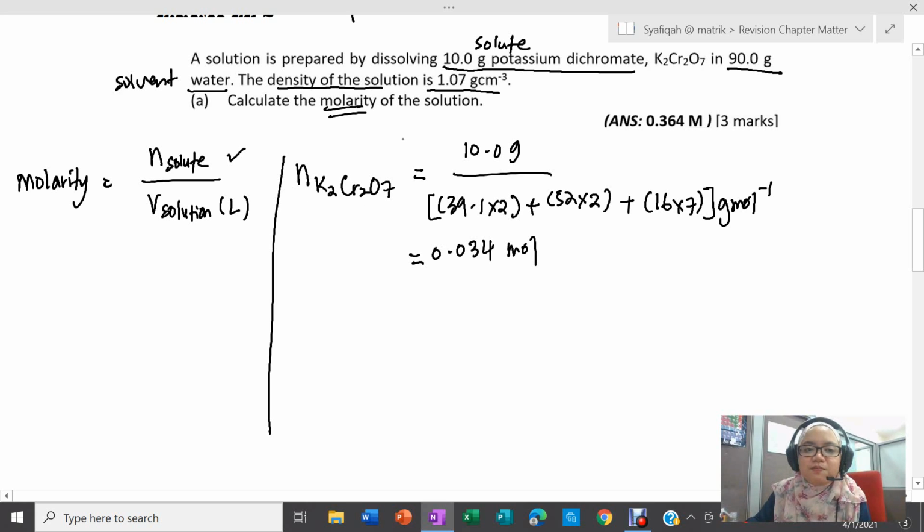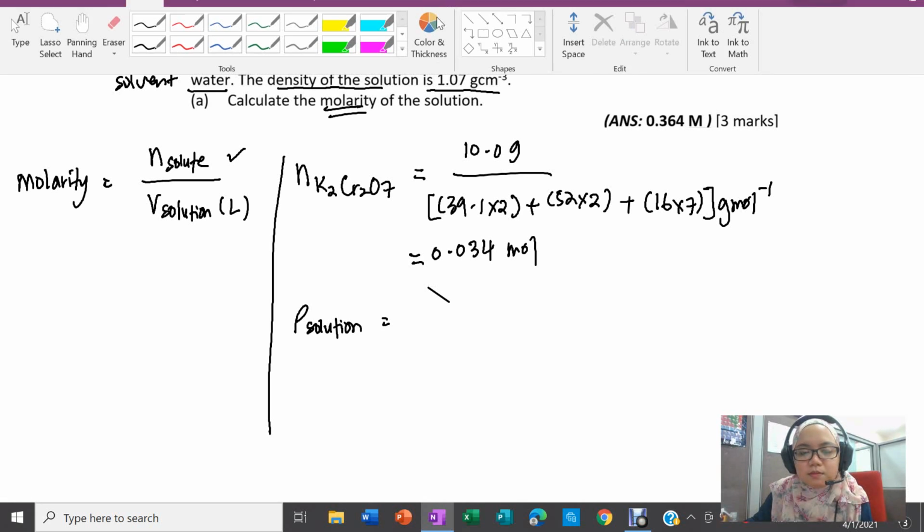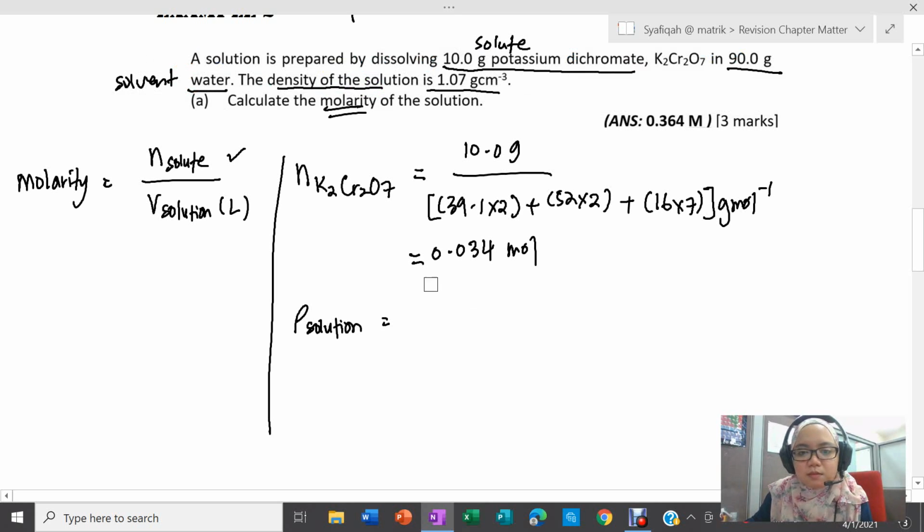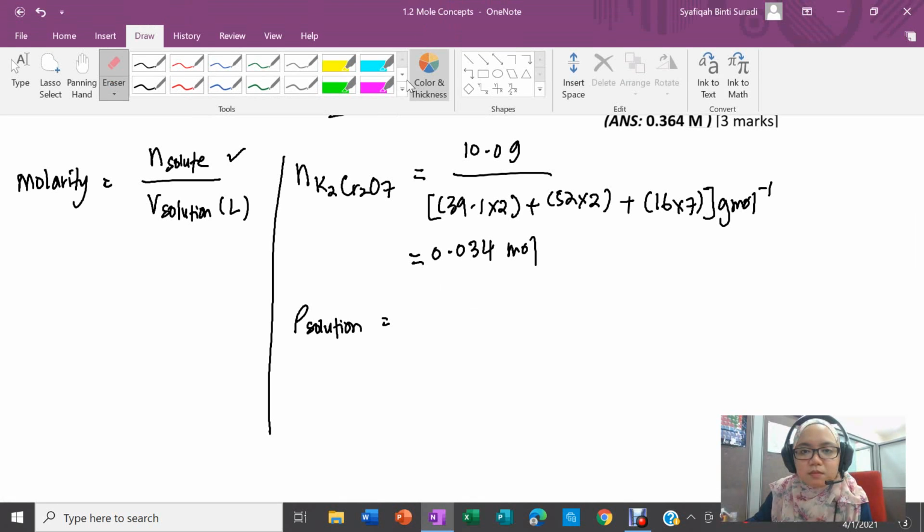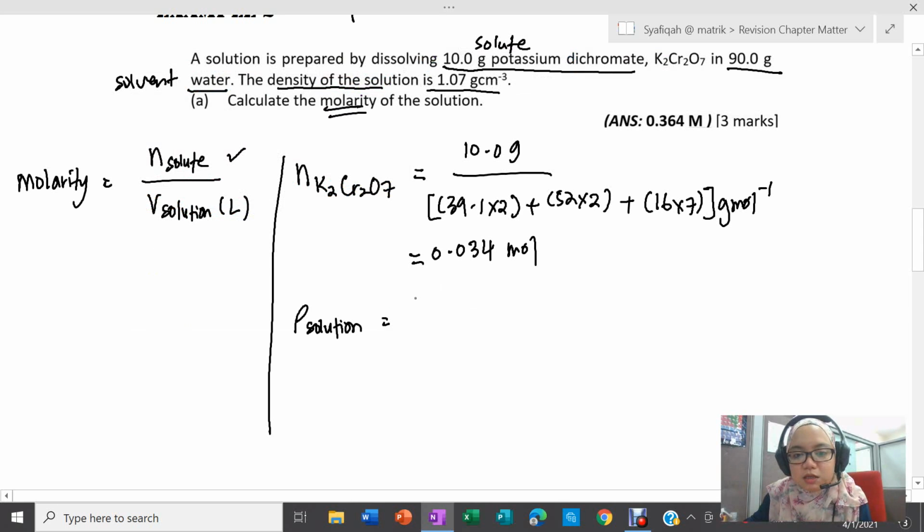So, dah dapat dah number of mole. So, satu settle. Second, kita kena cari volume solution. Macam mana nak cari volume solution? Kita dah tahu density solution. Okay, so awak tahu density solution is equals to mass solution divide by volume solution.